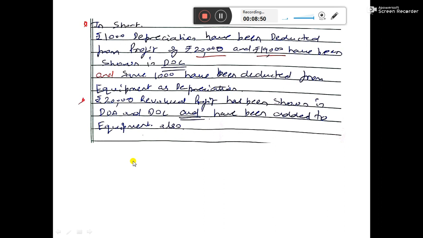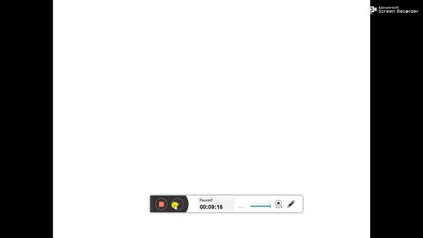You will understand this with the help of the diagram that I will explain with the working note. Okay, so this was the treatment of revaluation of asset. Here you have to keep in mind that revaluation profit is 20,000 and depreciation charged less is 1,000. That needs to be given treatment.